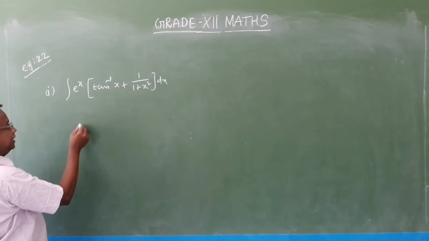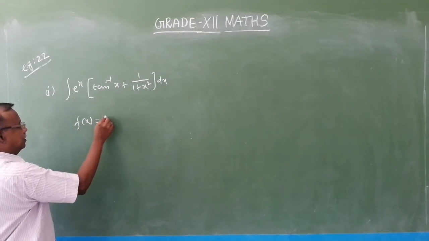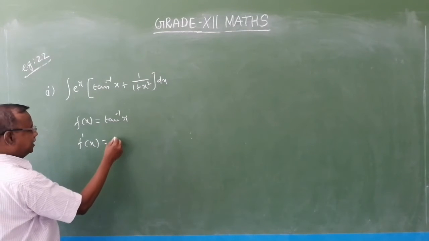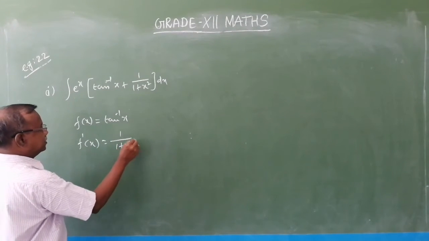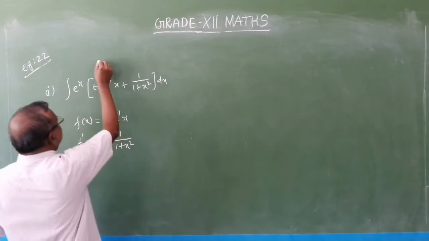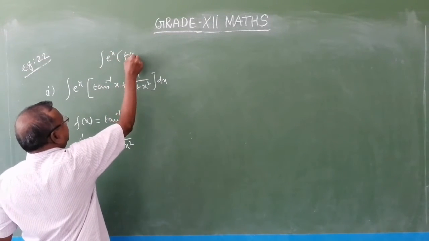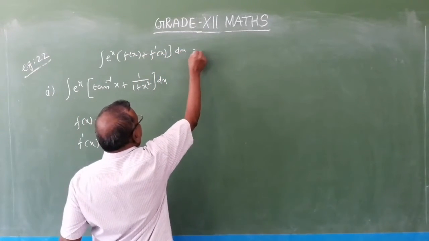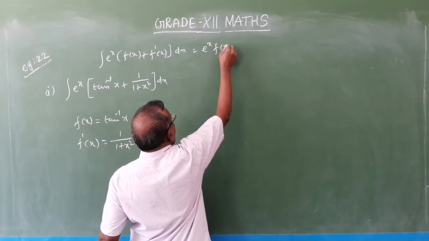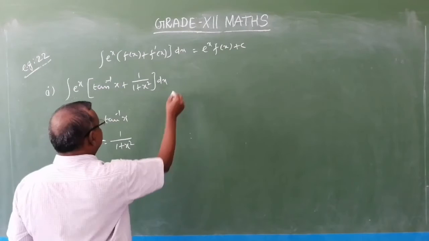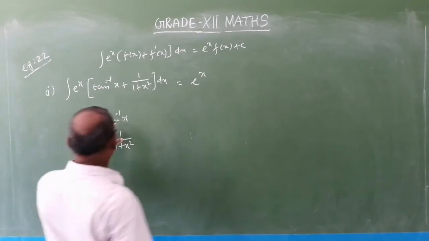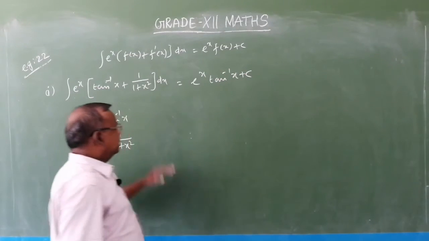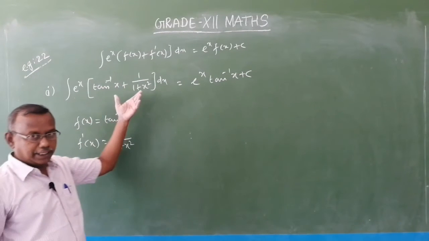Clearly, if we take f of x as tan inverse of x, then we have f dash of x equal to, the derivative of tan inverse of x, which is 1 by 1 plus x square. So, it is in the form of integral e power x into f of x plus f dash of x into dx, which will be e power x into f of x plus c. So, the answer is e power x into tan inverse of x plus c. So, directly we can write the answer.